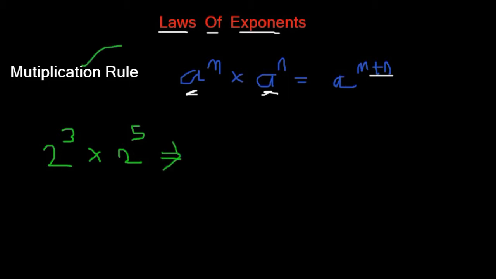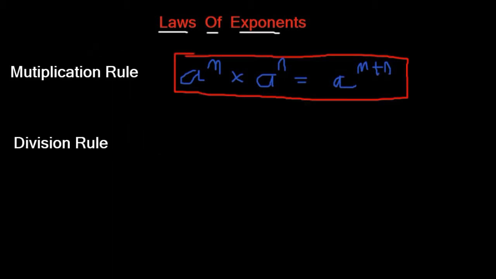According to this multiplication rule, I can write 2 power 5 plus 3. So what is 5 plus 3? 8. So the final answer will be 2 power 8. This is the multiplication rule.